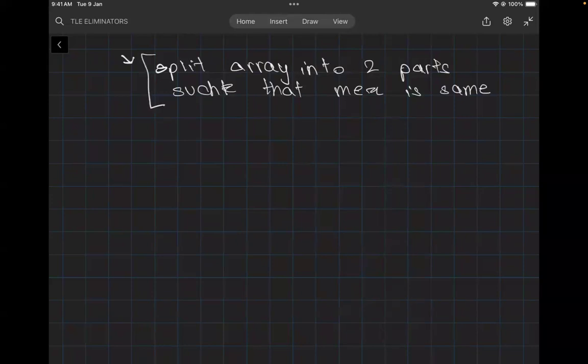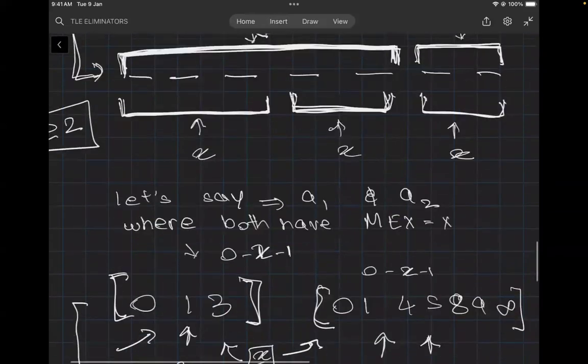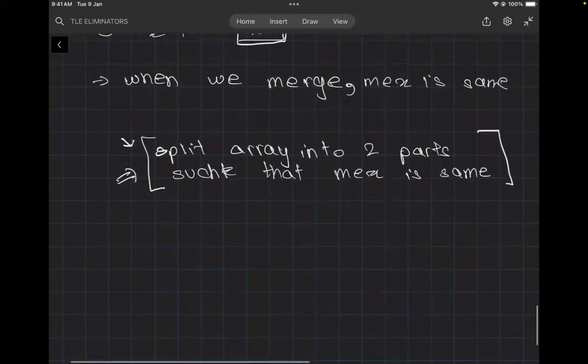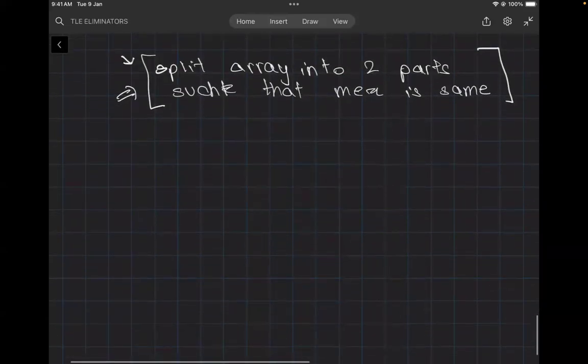This is what our problem has trickled down into. This is all that we need to find. We discussed how this came about, and this is what our problem has decomposed into. Split the array into two parts such that the max of both the parts is the same. Right? We just discussed that, right?